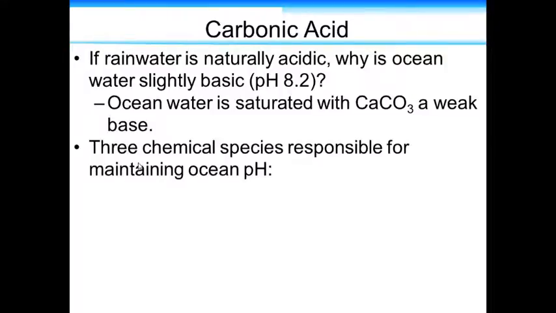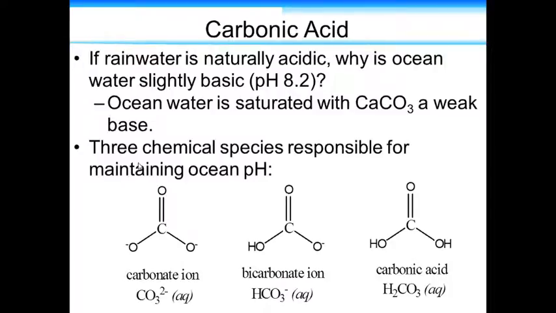And calcium carbonate is a weak base. So there are three chemical species responsible for maintaining ocean pH. And it's some of these chemical species that are responsible for the pH of your blood as well. So the carbonate ion on the left, you could see, has a charge of 2-, which allows it to pull acidic protons out of water, decreasing the pH.